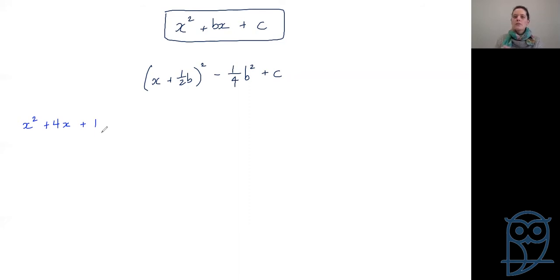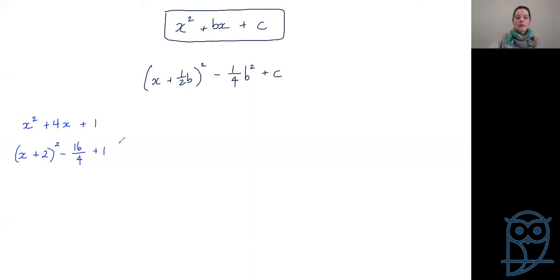It's just those steps that we need in order to get through safely. So, x squared plus 4x plus 1, coefficient of x squared is 1, we can go straight into our lovely formula. So, x plus a half b, so plus a half times 4, plus 2, all squared, minus a quarter b squared, 4 squared is 16, plus c, plus 1.